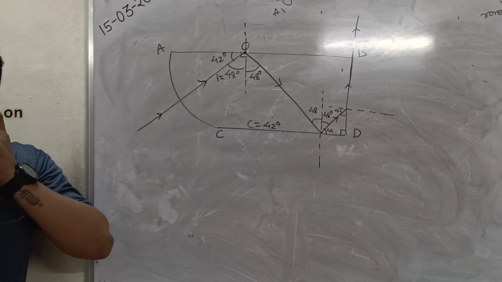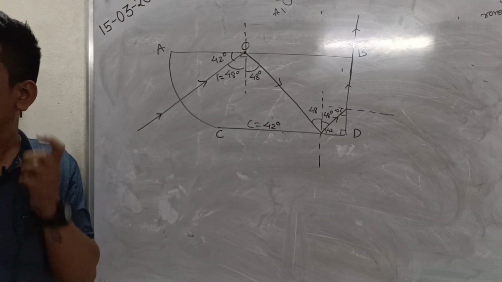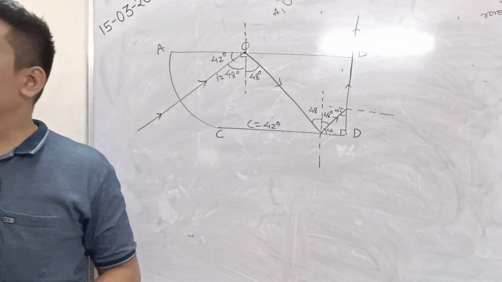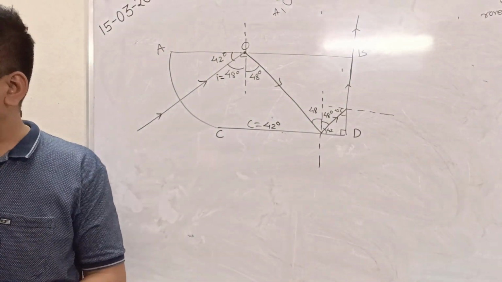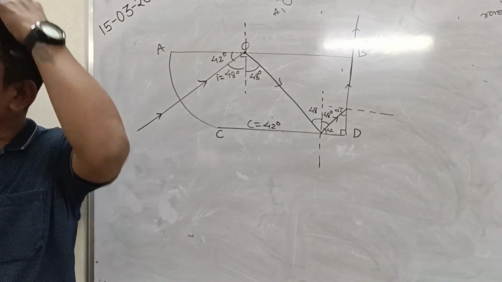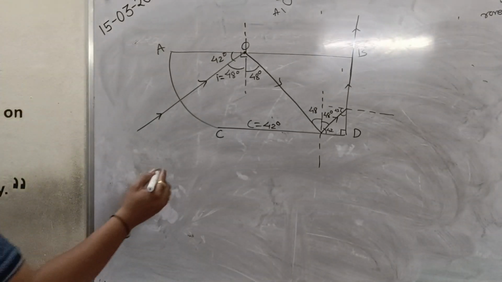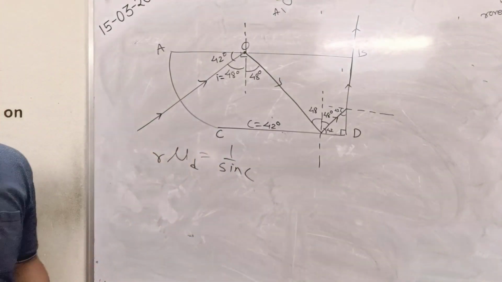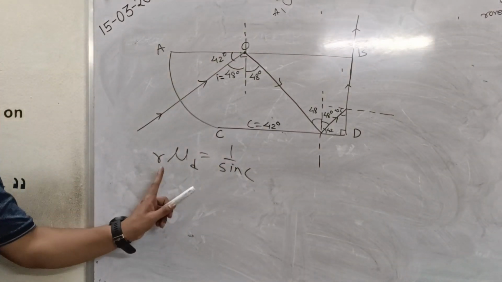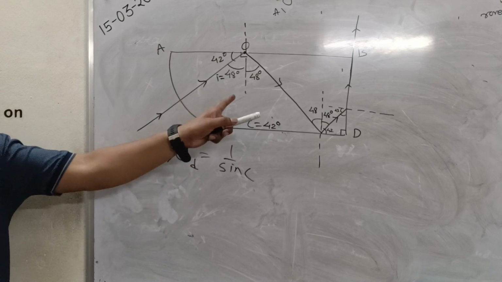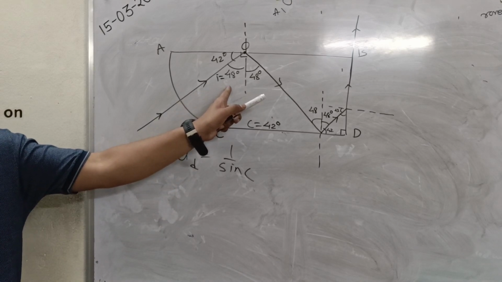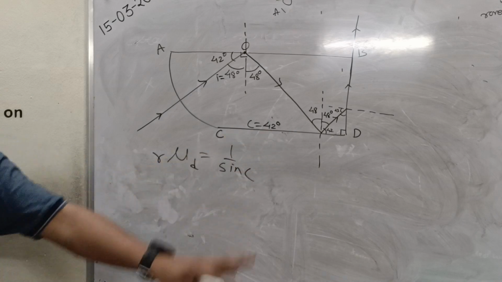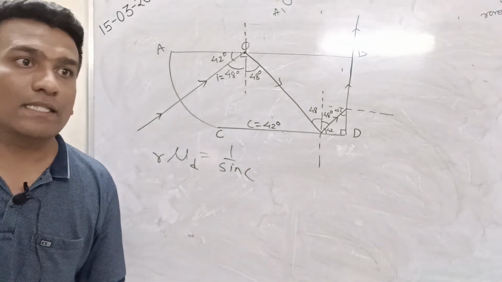We are talking about the numerical. We have the formula: refractive index of denser with respect to rarer is 1 upon sin c. From here the critical angle will come. If you know the refractive index, suppose this is glass, and you need to find the refractive index of glass, it will be found from this. Basically 42 degrees is a standard value for the critical angle of a normal glass.